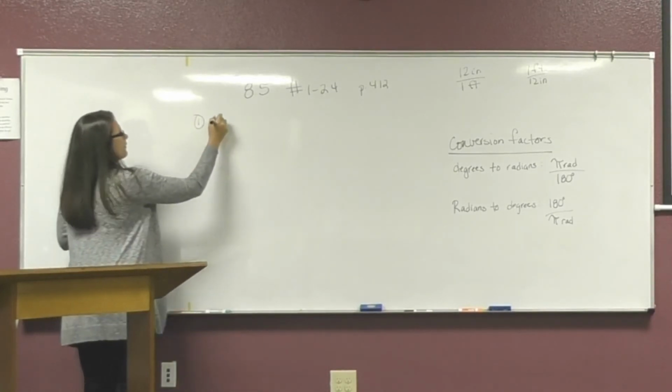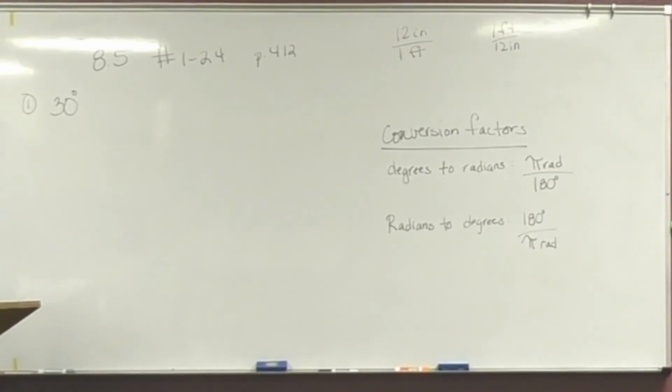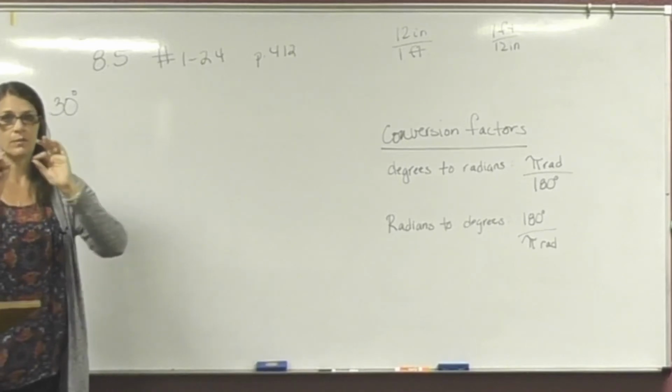you are given 30 degrees, okay? The instructions say convert the given angle to radians. It says without a calculator, but as long as you set up your fractions and show me your fractions, you can use your calculator for the math part, okay? But I want to see you use this conversion fraction correctly.